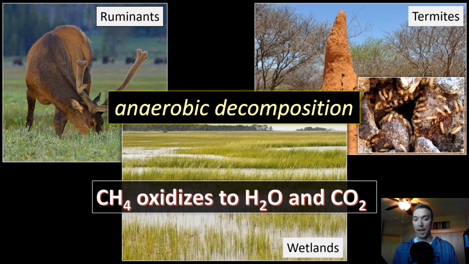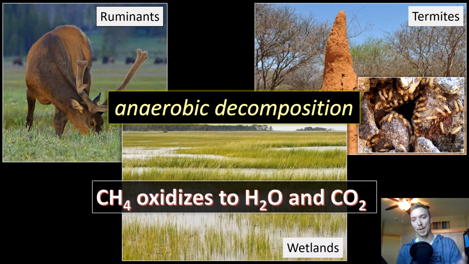Methane oxidizes into H2O, water, and carbon dioxide, CO2. Ruminants, organisms with multi-chambered stomachs, like cattle, deer, elk, and other quadruped ruminants, all contribute to this anaerobic decomposition.